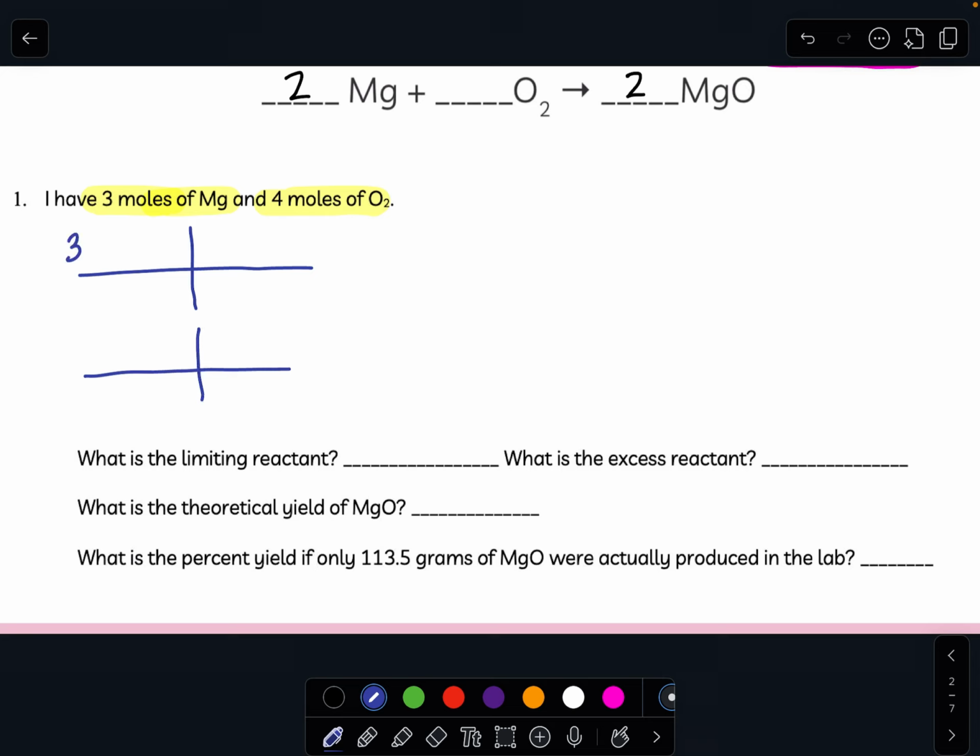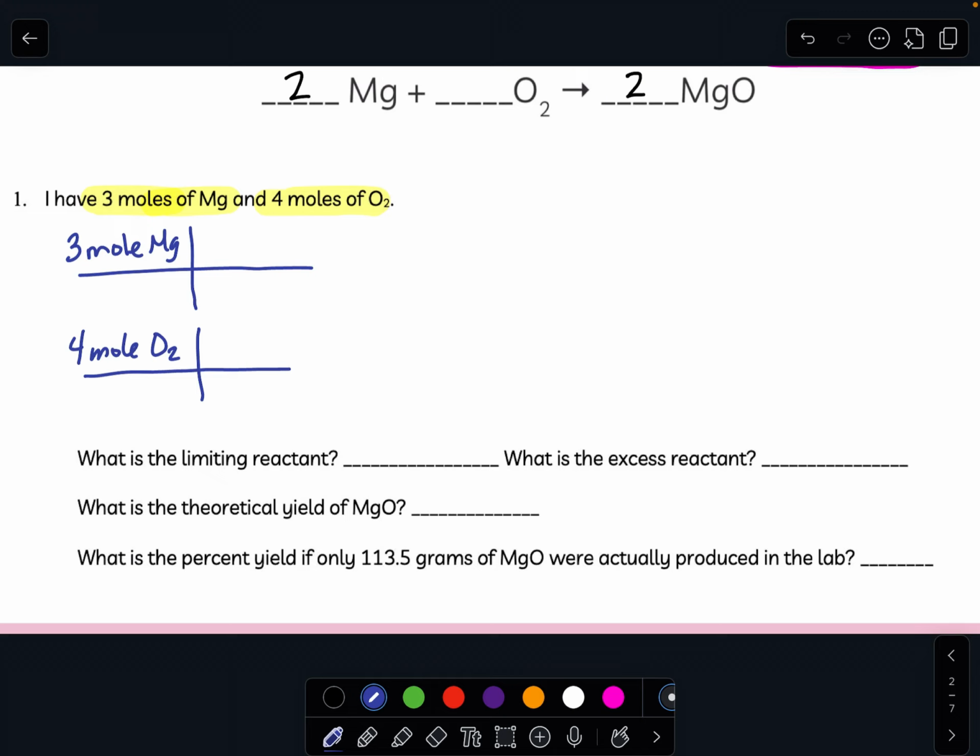So I'm going to write down my startings in both of these spots, and then I'm going to follow the same steps. If I know I have moles and I want to find my product, I can just use my mole ratios to go from what I have to what I want.